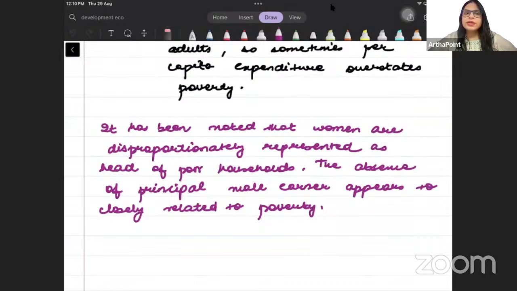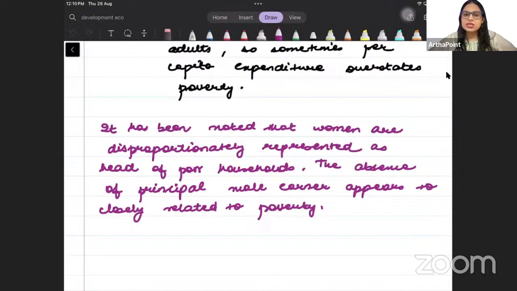We also said that in those families which are poor, there are more chances that a woman will be heading the family, and there is going to be an absence of a principal male earner.